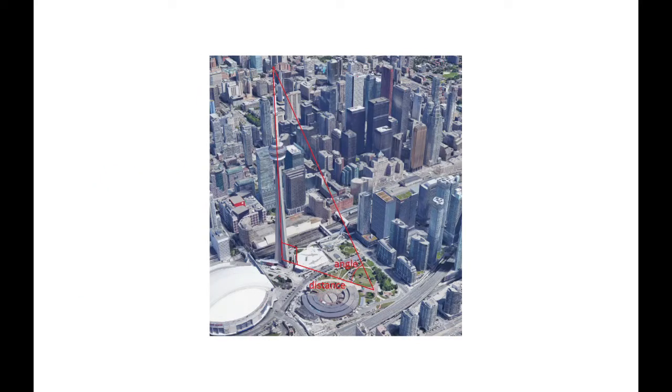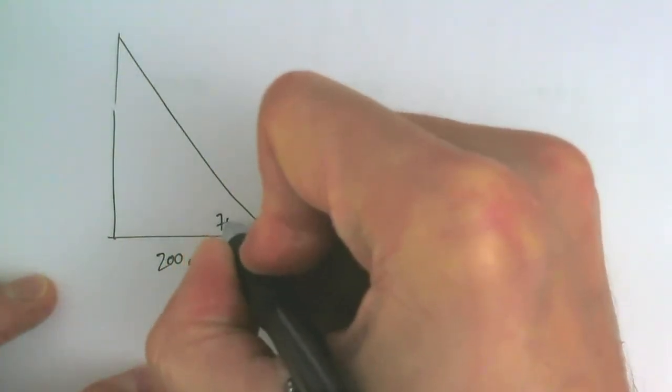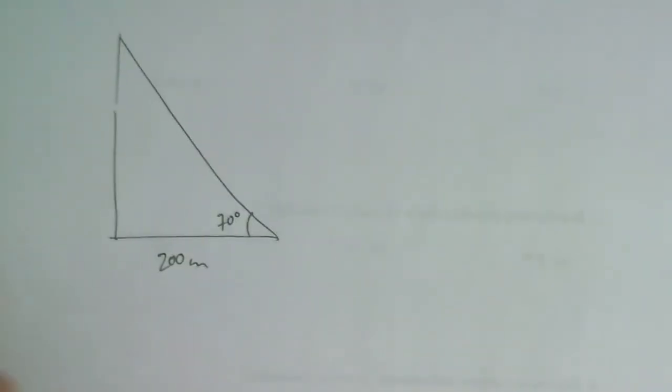So let's suppose you were standing 200 meters from the CN tower and looking up at the CN tower, it made a 70-degree angle. This is a right angle because the CN tower is at a right angle with the ground.